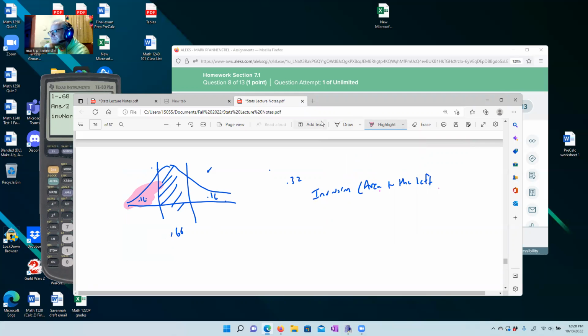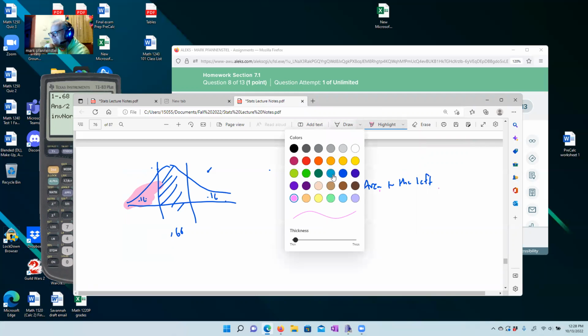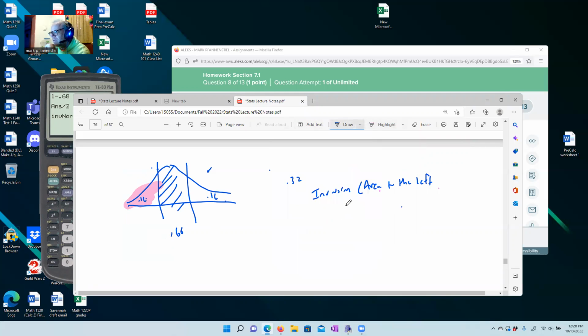Okay, so that's what we're going to put in here. That's the argument it wants. Okay, so we want 0.16, but we still have to tell it that it's a standard normal distribution. We still need the mean and the standard deviation. So this is area to the left. Okay, and we want inverse norm of this.